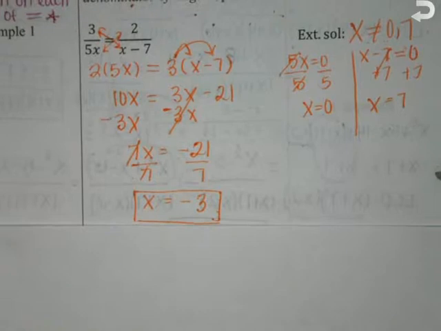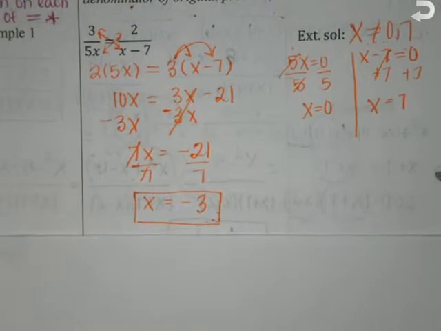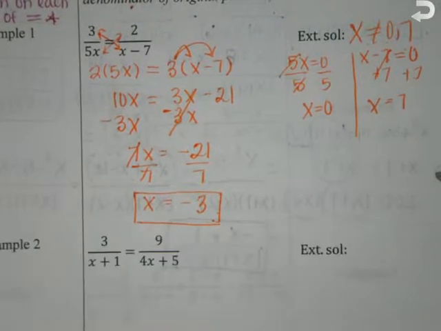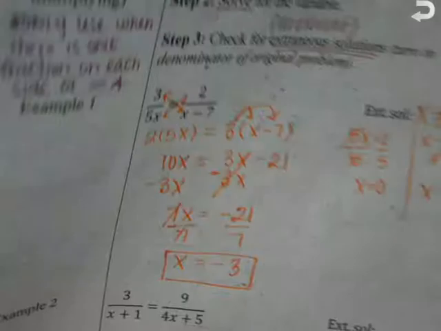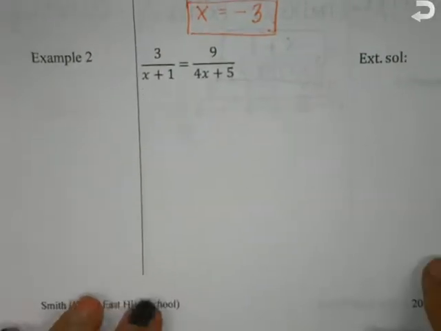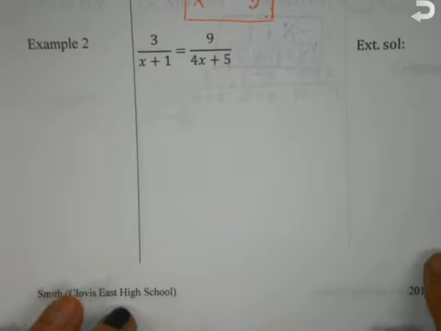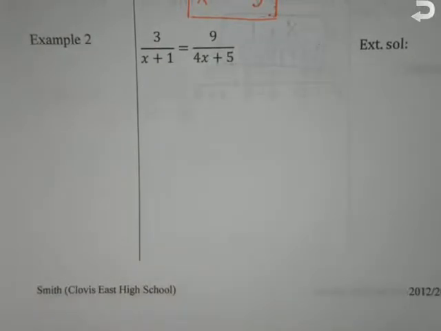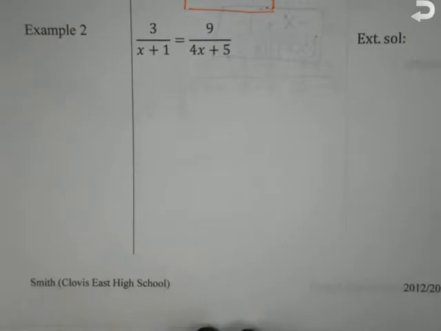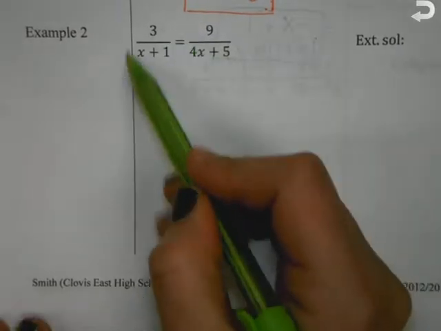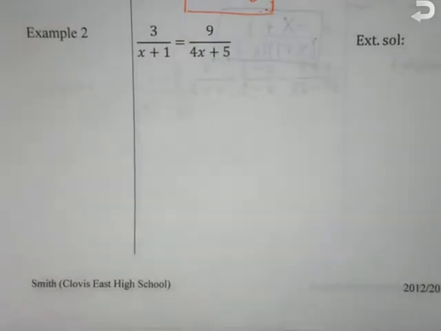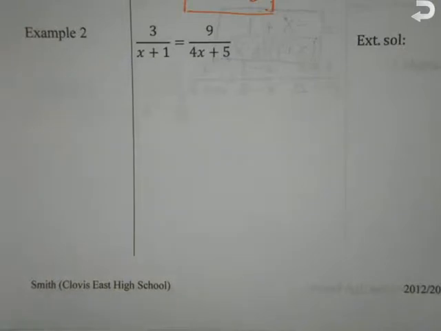Make sense? Okay. So example 2. 3 over x plus 1 equals 9 over 4x plus 5. Okay. Do I have one fraction on each side of the equal sign? Yes. So can I cross multiply? Yes.